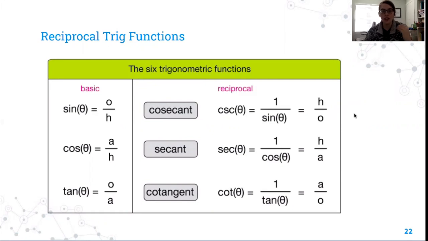So cosecant is 1 over sine, secant is 1 over cosine, and cotangent is 1 over tangent. If we think of our SOHCAHTOA, it's just doing the opposite. Sine is normally opposite over hypotenuse, cosecant is hypotenuse over opposite, and so forth.